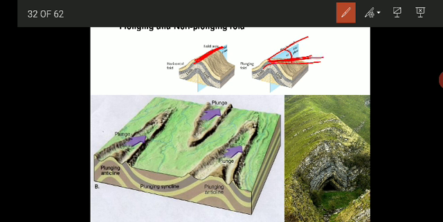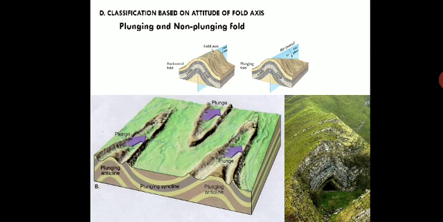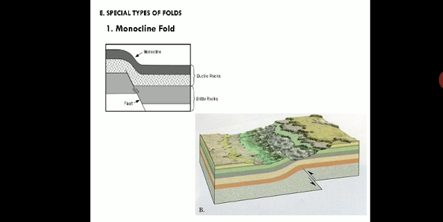You can see this is the fold axis which is inclined. It is going down, so that is called the plunge of the fold. Here you can see the rocks are folded like this, and the fold axis is inclined, then such folds are called plunging folds. So this is the classification based on the attitude of the fold axis, that is the inclination of the fold axis. Then there are some special types of folds.